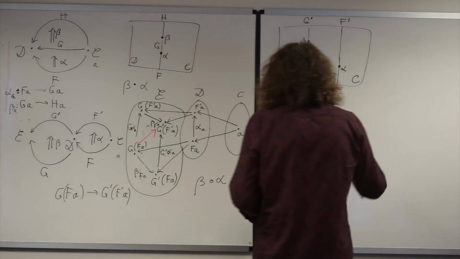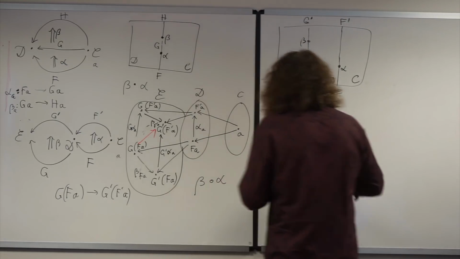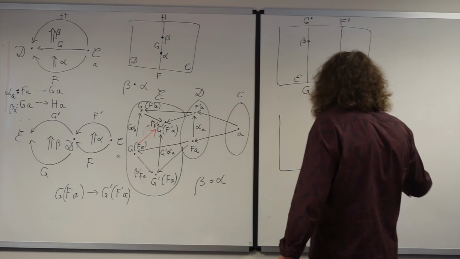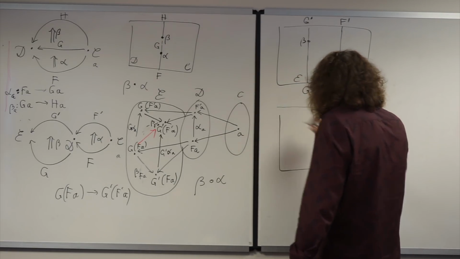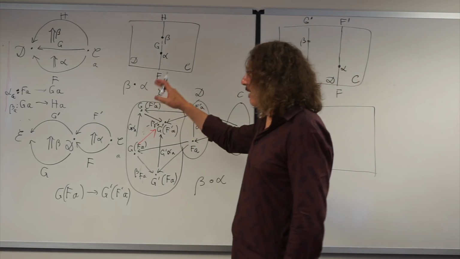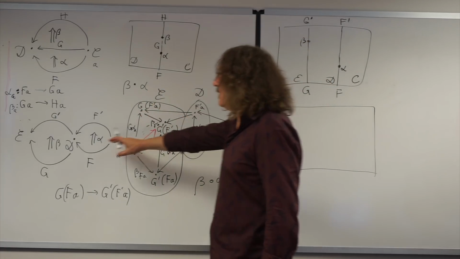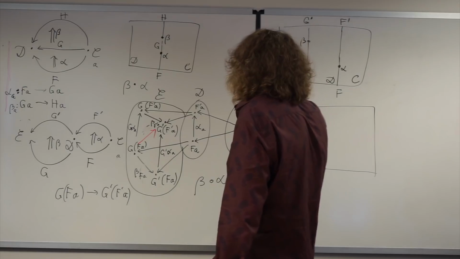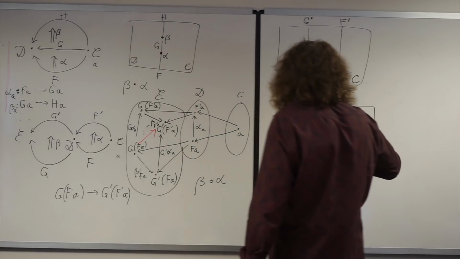Okay, so the interchange law says that if I have, and this is something that would be really difficult to draw in the traditional way, but as a diagram like this, it's not that hard.